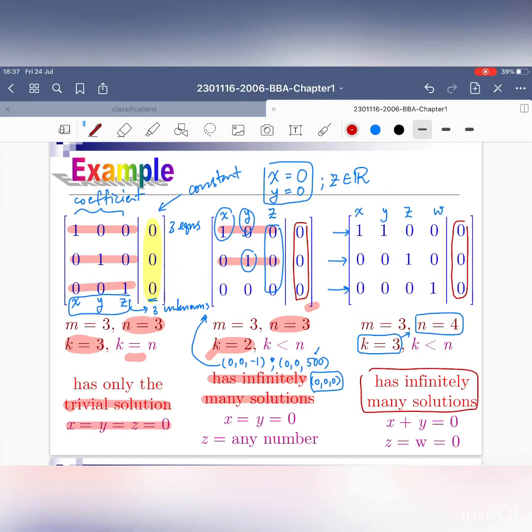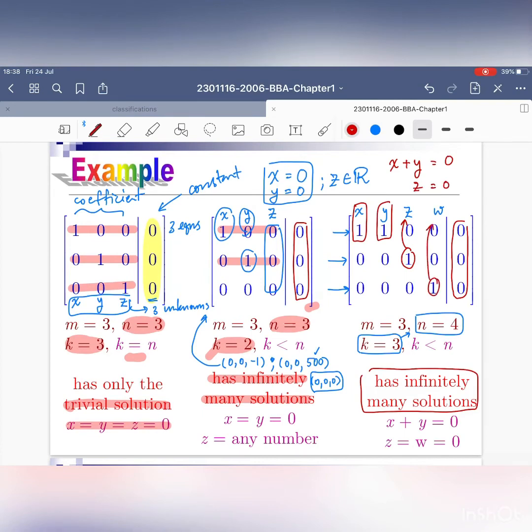Well, what kind of solution can you think of? Here is your x and your y. This is your first equation, must be 0. There is your z, also must be 0.